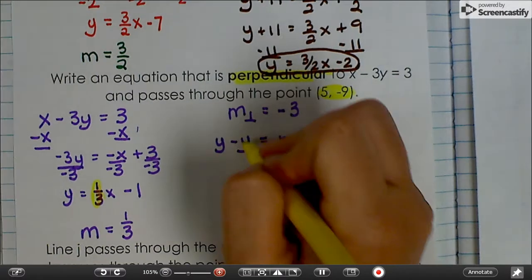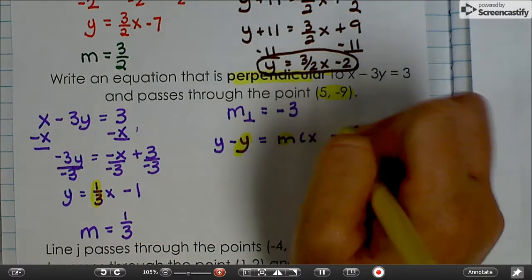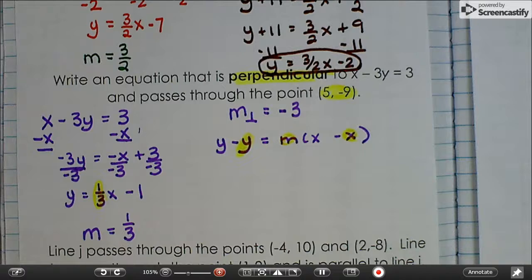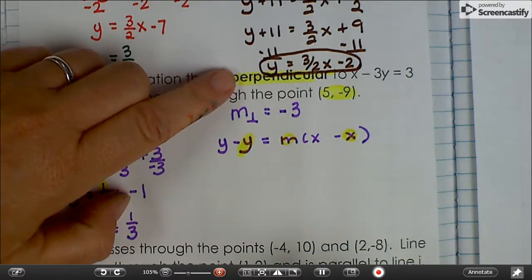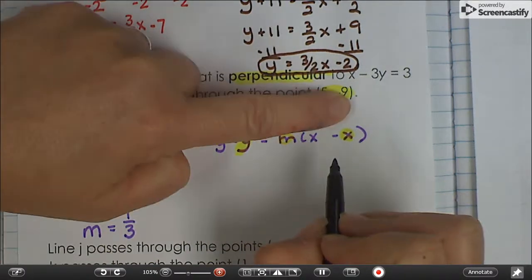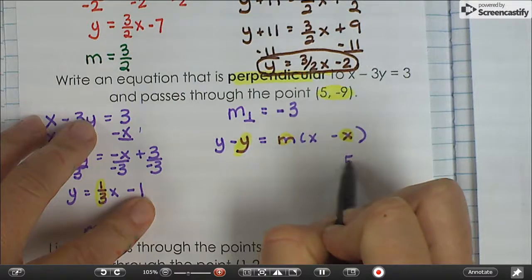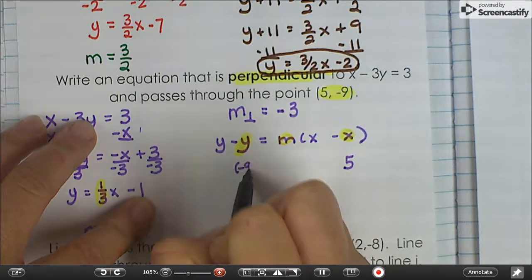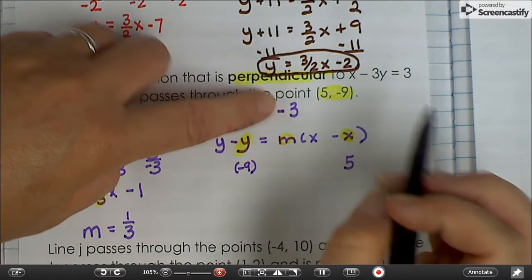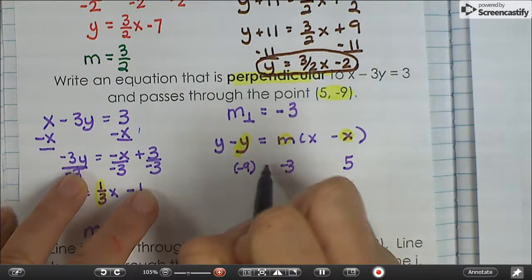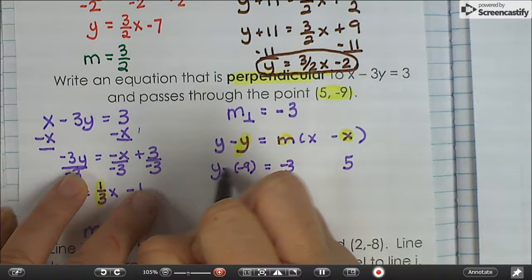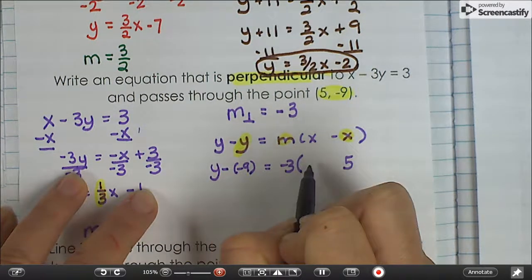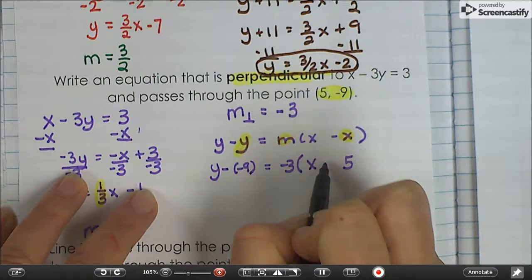The ones I'm highlighting are the ones we're replacing with the given information. We have the point (5, -9), so x is 5, y is -9, and the slope is -3. So y minus -9 equals -3 times x minus 5.